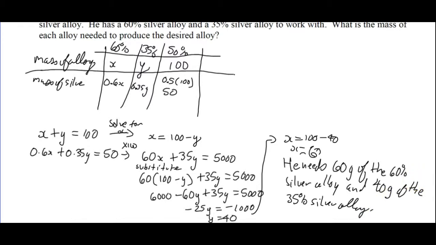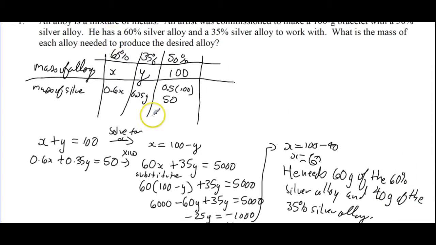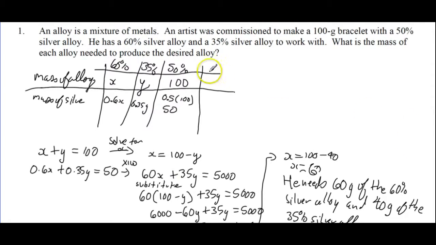Now, with any word problem, what I like to do when I check it is just forget everything down here and just go back to the beginning. So if I take 60 grams and 40 grams, I will get 100 grams. If I have 60 grams of the 60% alloy, that means that I have 36 grams of silver.